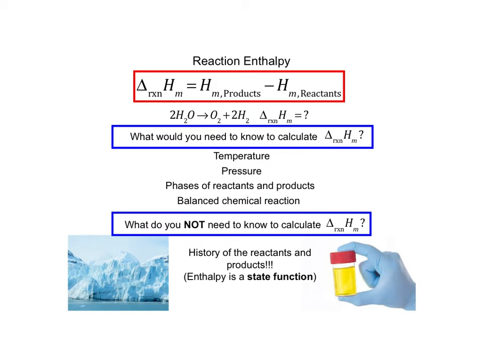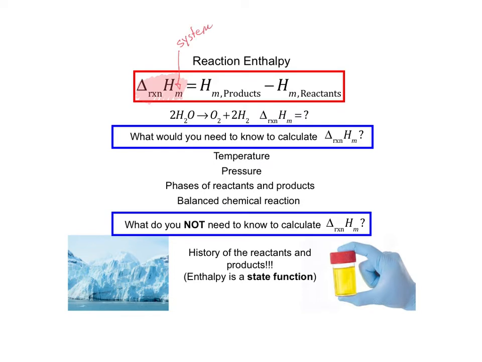So let's talk about this reaction enthalpy, this delta H. We give it the term delta H of reaction, with a subscript m. And remember, this m tells us that we are talking about the system.